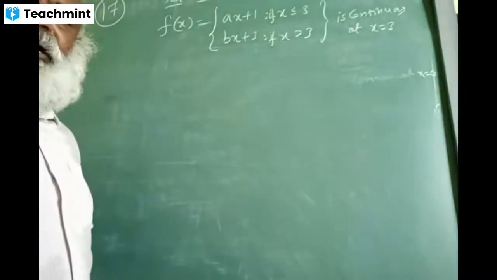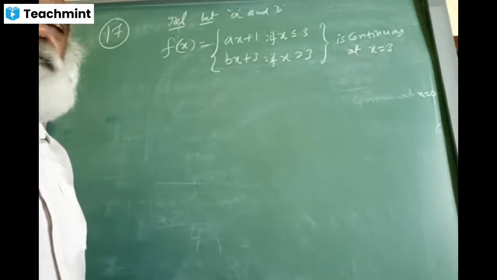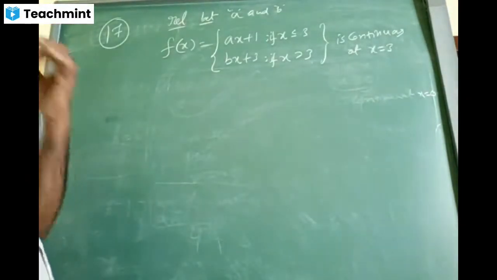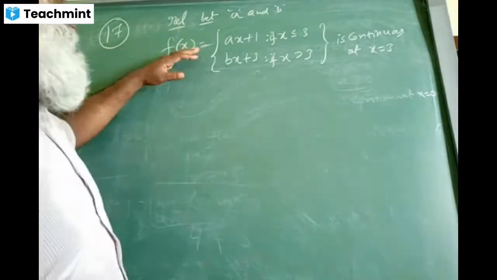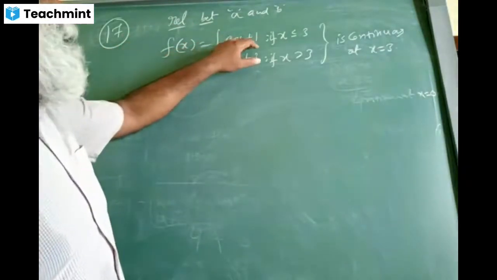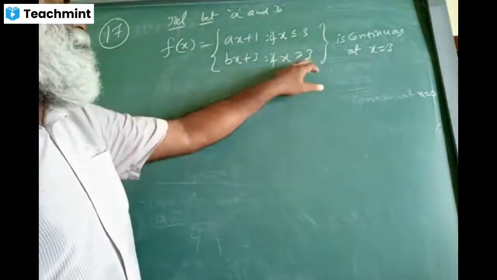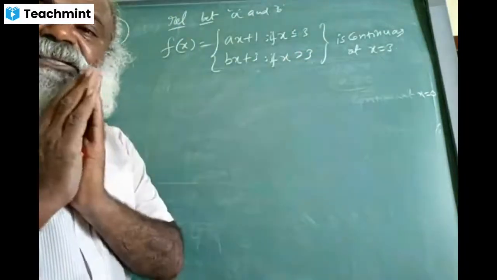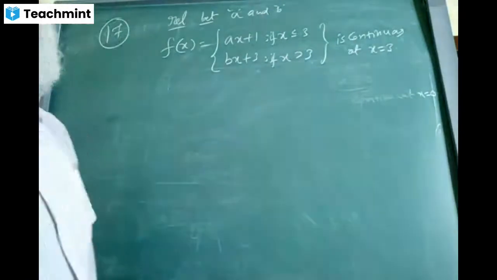Try it, let us see. Relation between a and b. The function is ax plus 1 if x is less than or equal to 3, and bx plus 3 if x is more than 3. It is given that the function is continuous at x equal to 3.